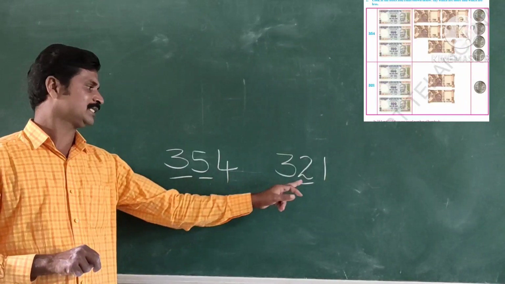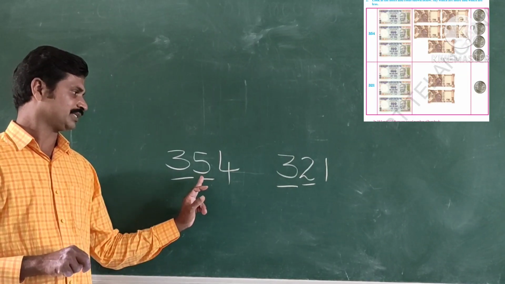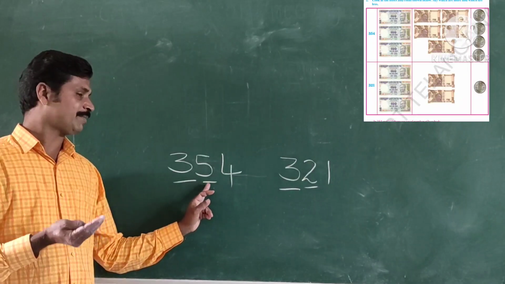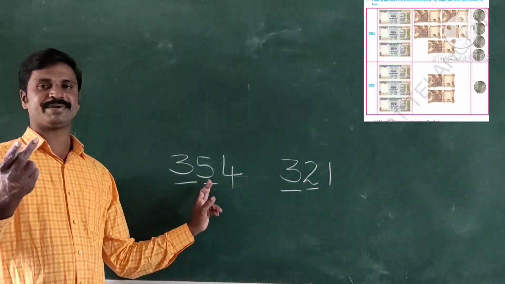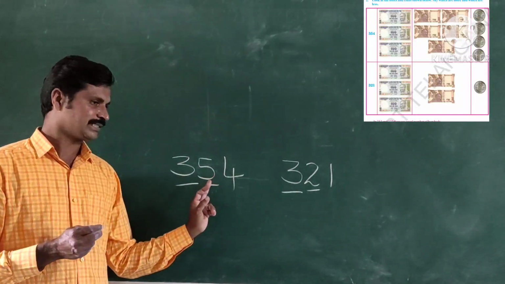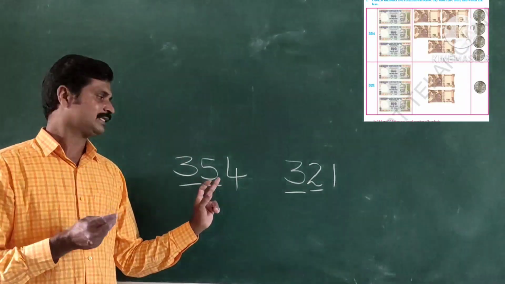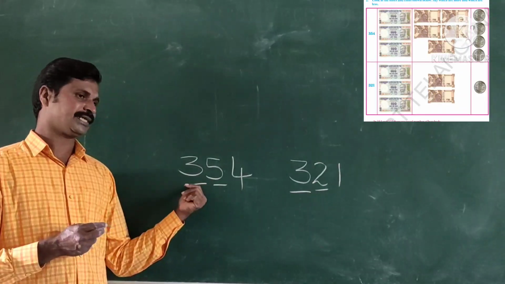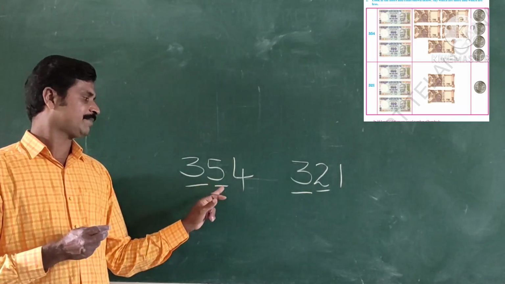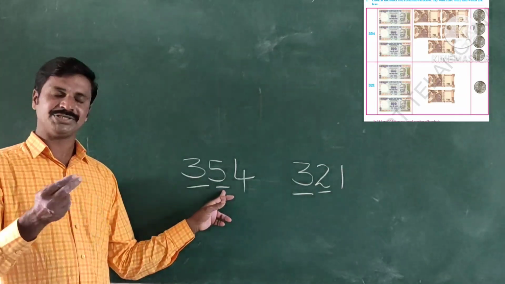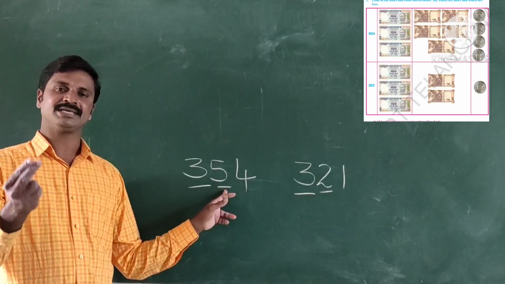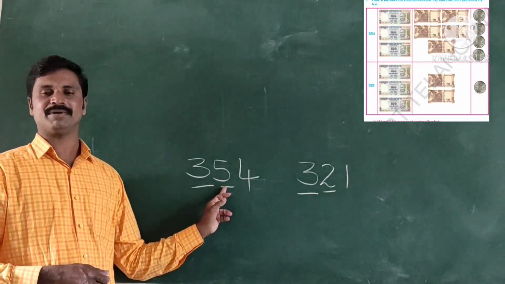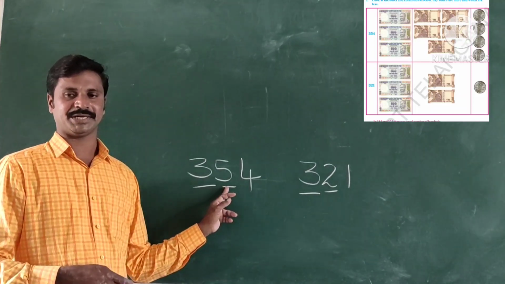Let us compare the tens place. Which number has more tens? That is the biggest number. Okay children, if the hundreds places are the same, let us compare the tens place. Which number has more tens? That is the largest number.